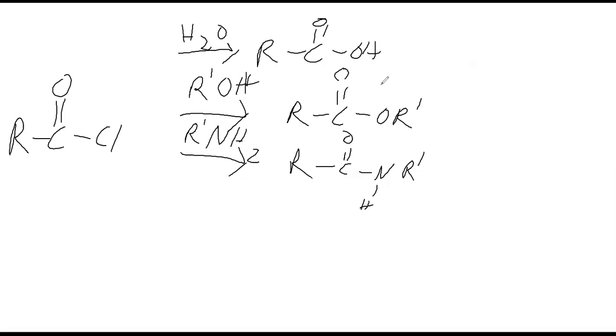If I use another acid, another carboxylic acid, really convenient way of making an anhydride. All these groups are going to attack and displace the chloride.